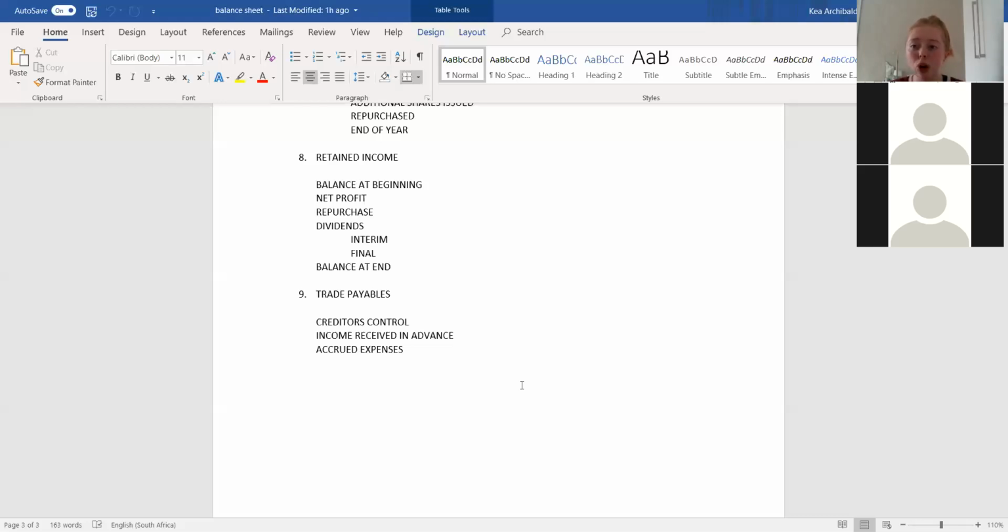Sometimes you just have to know to just put UIF there and to just put pay as you earn there. It would be the fund amount. It wouldn't be your expense amount. So it would be the total. So you would add up all the amounts that I've kind of owed for UIF and subtract any amounts that I've paid. And that would be the amount in your trade other payables.